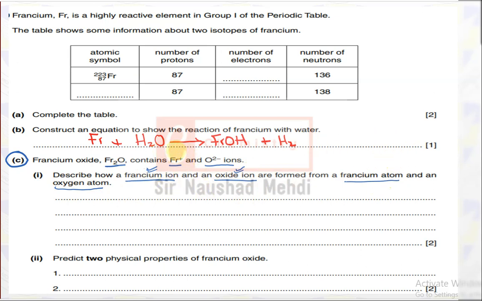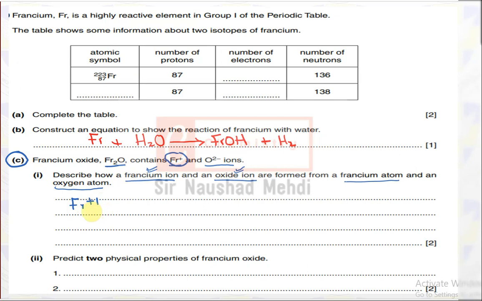As you can see, they have given you the charge of the francium ion, and the charge on the francium ion is +1. So +1 means that it has lost one electron, right? Because we all know that an atom is electrically neutral, but whenever an atom loses or gains electrons, it gets a positive or negative charge. If an atom is losing electrons, relatively the protons become more in quantity, so the atom gets a positive charge.